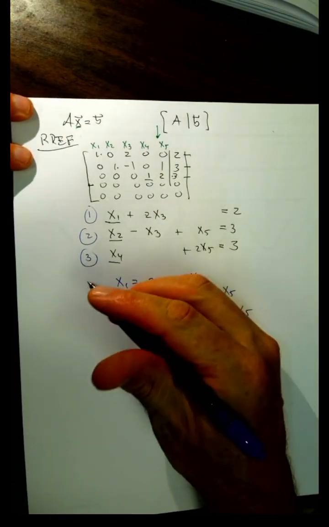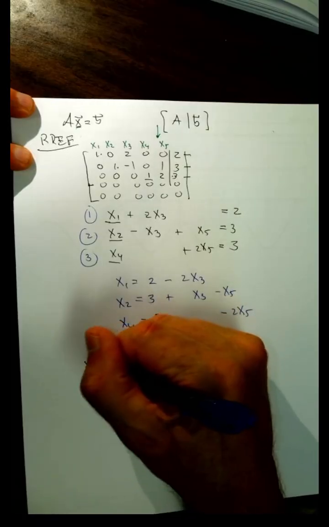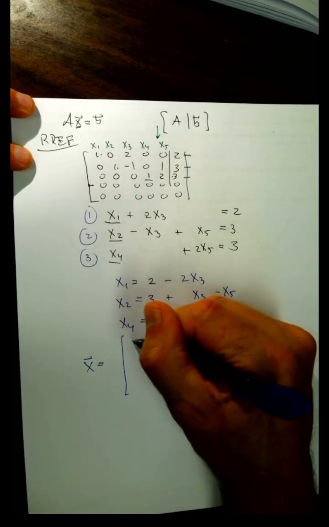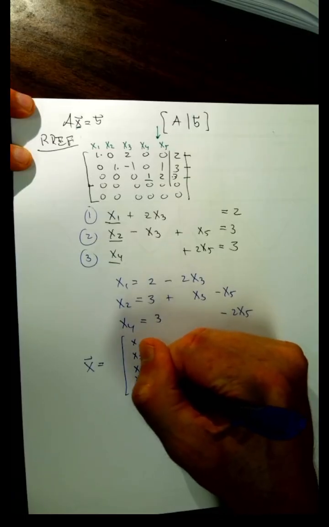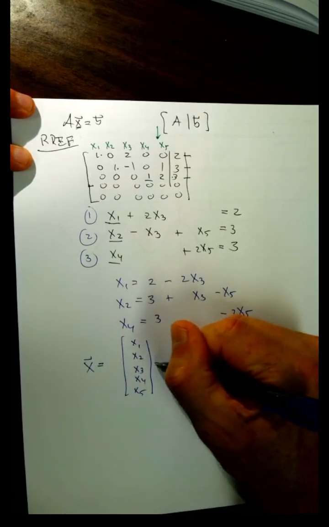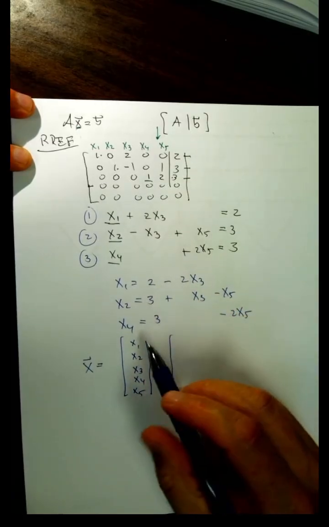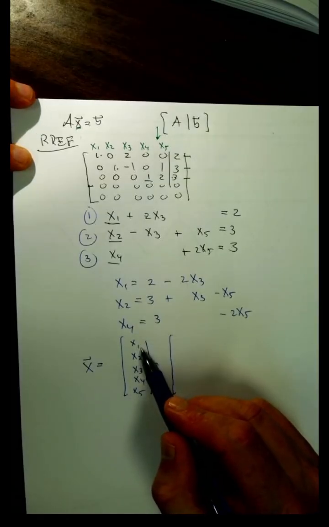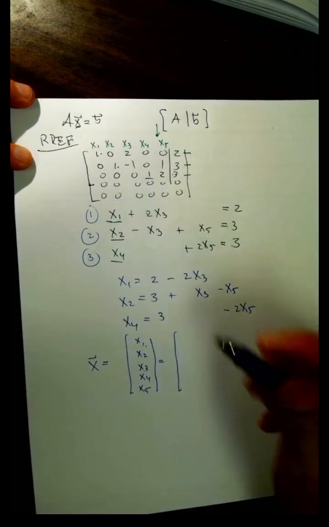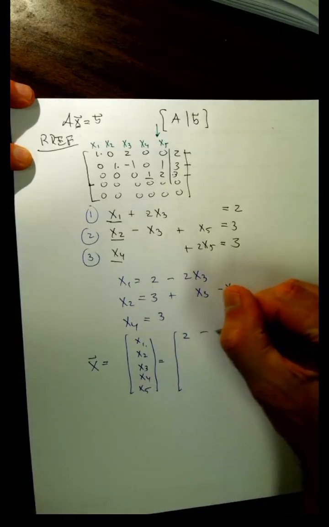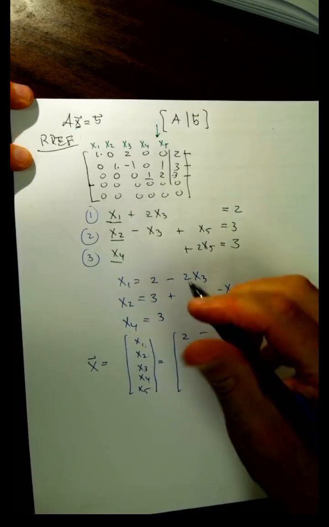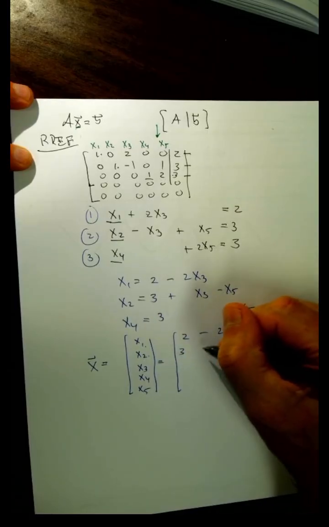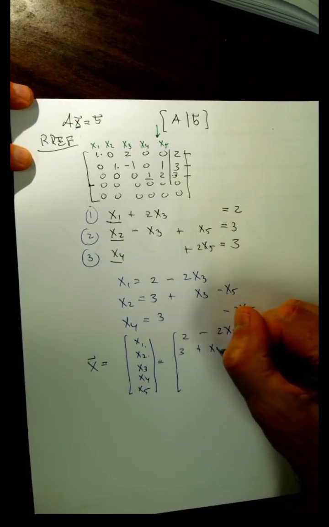So here's the thing, my solution depends on x1, x2, x3, x4, and x5. I know that x1 depends on x3 and x5. In this case, it's 2 minus 2x3. x2 I know depends on x3 and x5.